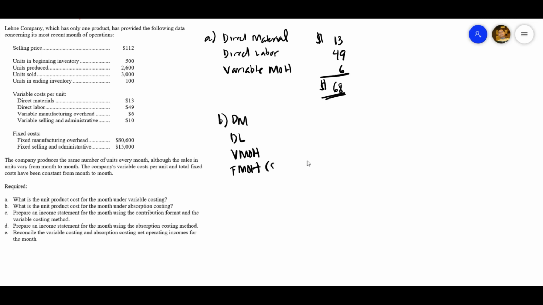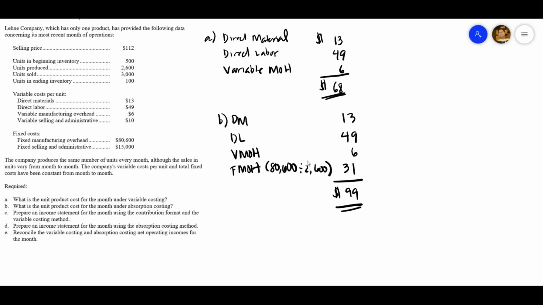It's $80,600 total divided by the units produced of 2,600. And that will give us a value of $31. So we just put the figures here, 13 for the direct material, $49 for our direct labor, and variable manufacturing overhead is $6. So the total would be 68 plus 31, it is $99. Okay?